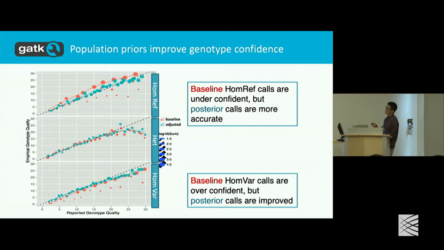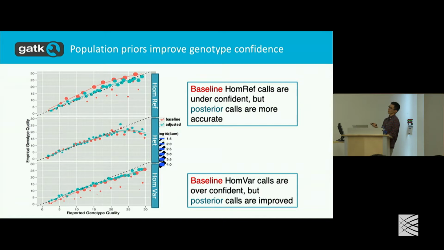If what the workflow reported and what it actually is match, then they should be on the diagonal. As you can see, the blue balls, the posterior probabilities, line up pretty well with the diagonal, which is good. But before applying this, the homozygous reference calls had higher empirical quality than the reported quality.